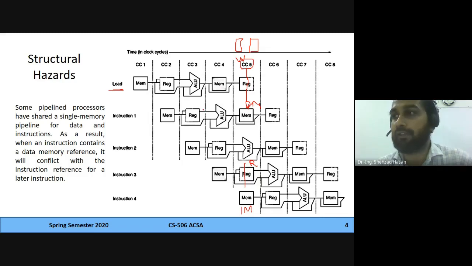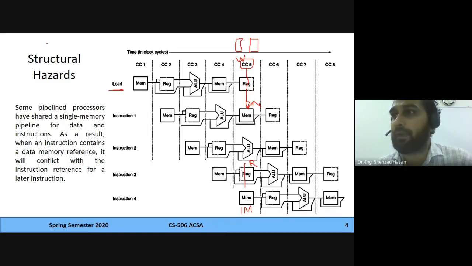When we talked about the register file, we said that you can write data and you can read data from the registers, but you cannot do both at the same time. So the other approach we took is that we have divided a cycle into two halves internally.